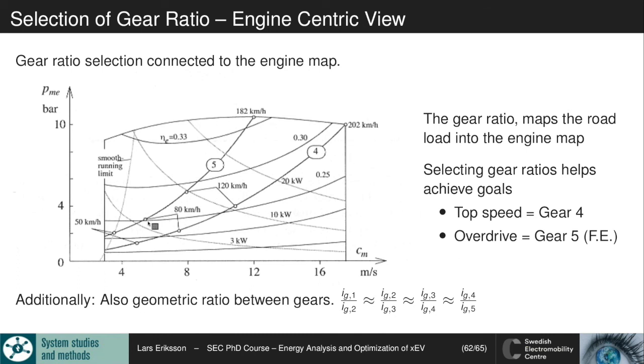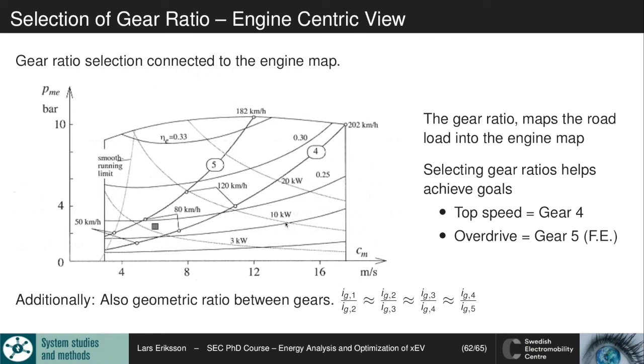So, gear ratio selection. Here we're seeing power requirements of 20 kilowatts, 10 kilowatts, 3 kilowatts. And then we can go in and look at how we end up with different gears. So we have fifth gear, we have fourth gear.